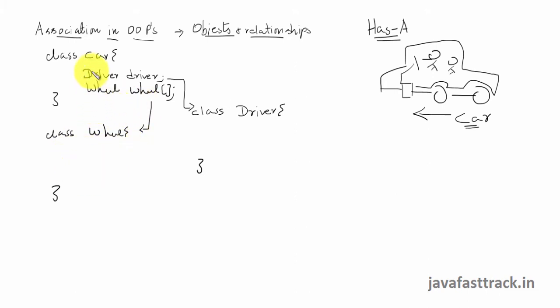Next I talk about the relationship of a car with the travelers. I say that the car is associated with many travelers. Car is associated with a single driver, a collection of wheels, and a collection of travelers. The relationships are all unidirectional because it is known only from one end. From the other end, there is no relationship.